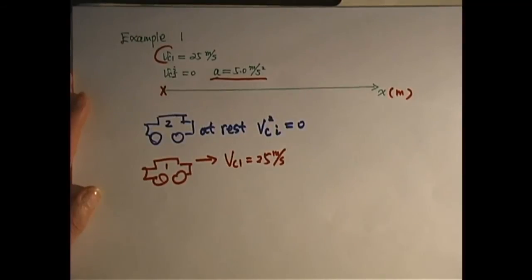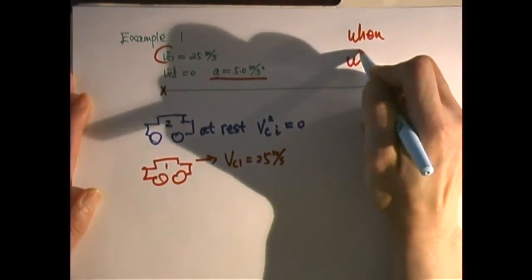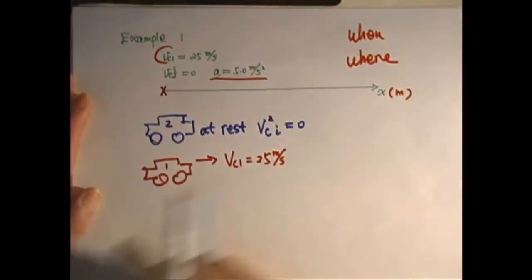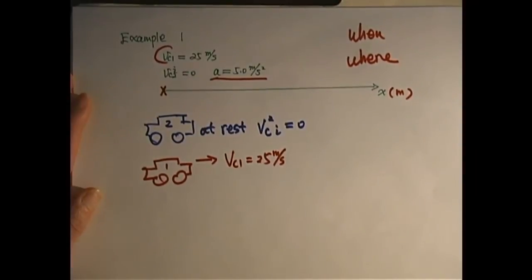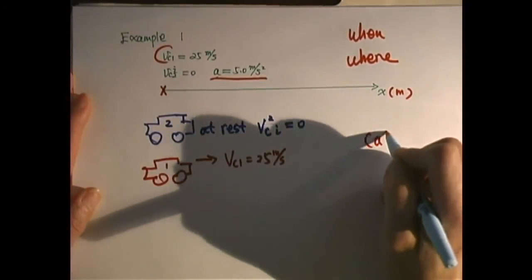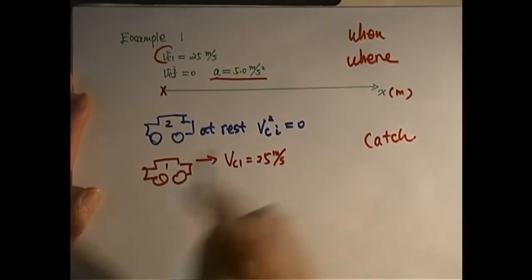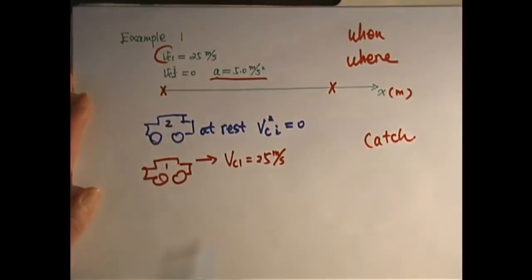So the question is, when and where on the x-axis will car 2 be able to catch car 1? Now, catch, what does that mean? That means they have to be at the same physical location.